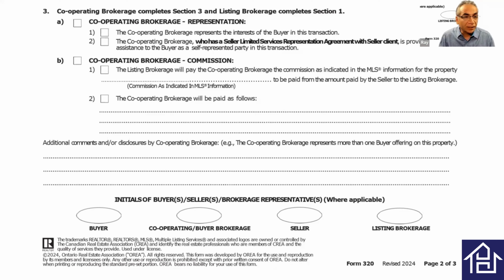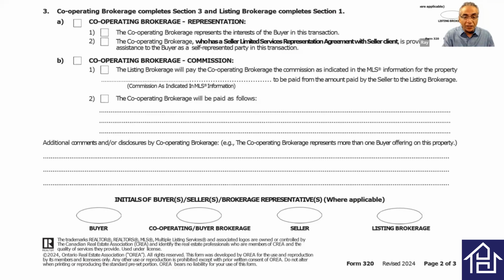In that case, we would select that one, but keep in mind, this is only when we're not representing the buyer, we're only representing the seller with a limited service representation, but the buyer is a self-represented party.